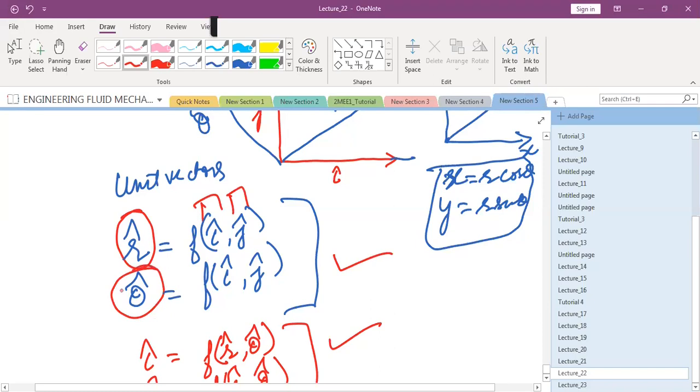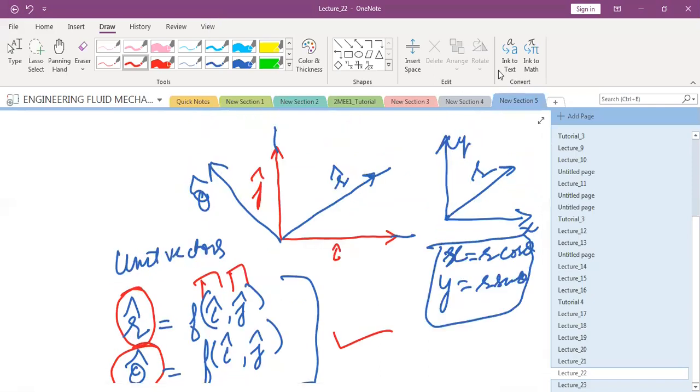Likewise, the unit vector in theta direction as a function of i cap and j cap. How will I proceed? So I give you a hint now, and then you can help me out to write it down.